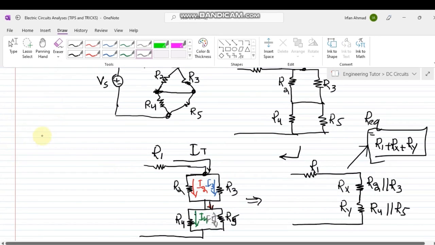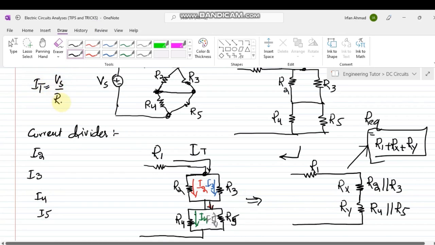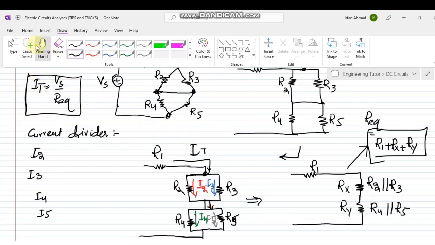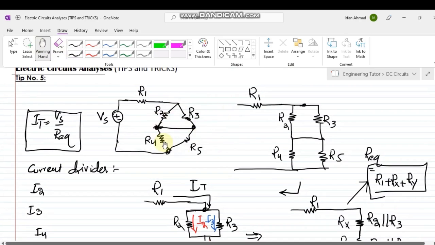By using the current divider law, we can easily find out the values of I2, I3, I4 and I5, where the value of the total current will be equal to Vs divided by R equivalent. So in this way you can easily solve the problem which seems very difficult to you.